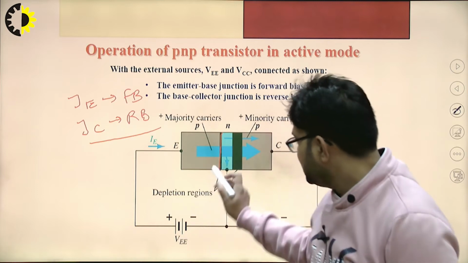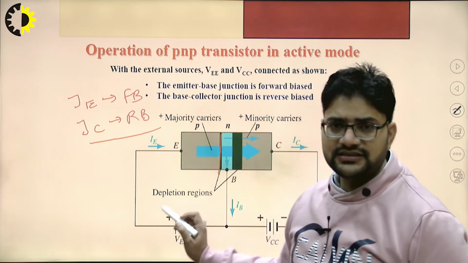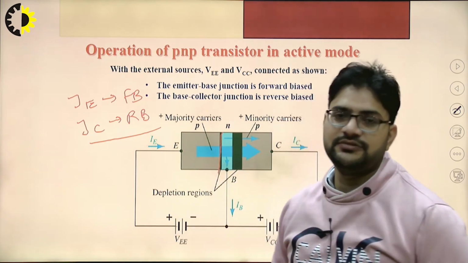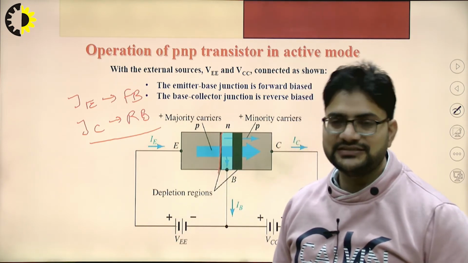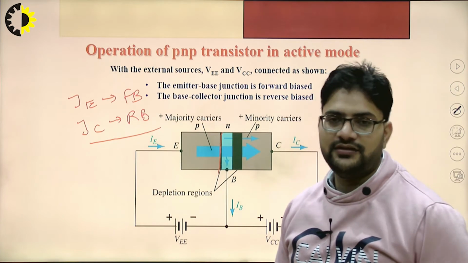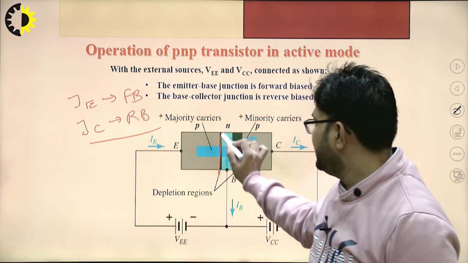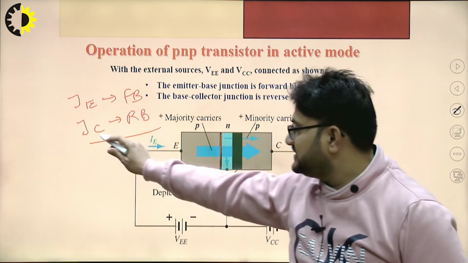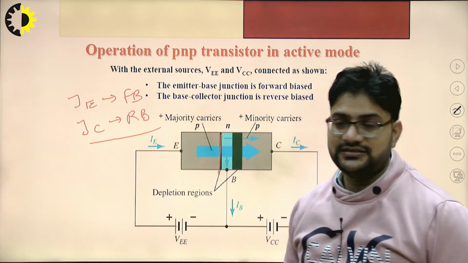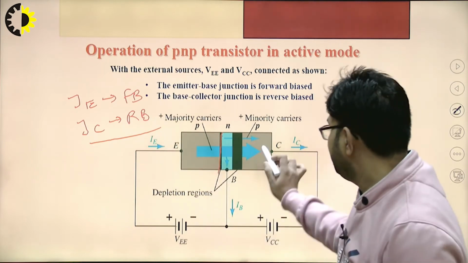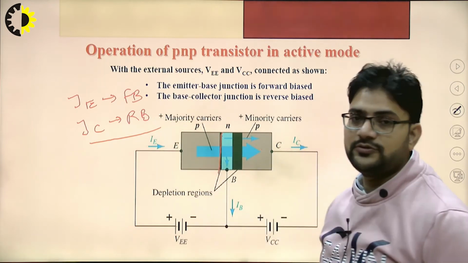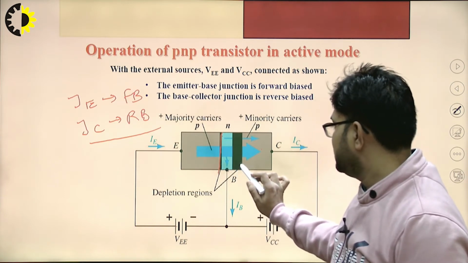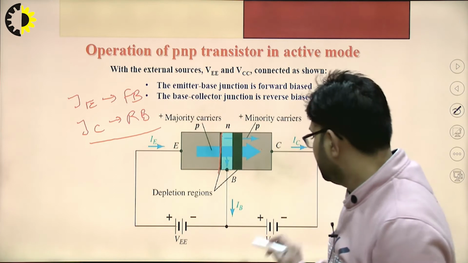If I consider the PNP transistor, this P side is to be connected to the positive terminal of the battery to make JE forward biased. Now to make JC, that is the collector base junction, reverse biased, this P side has to be connected to the negative terminal of the battery, and this N side, the base, is to be connected to the positive terminal of the battery.